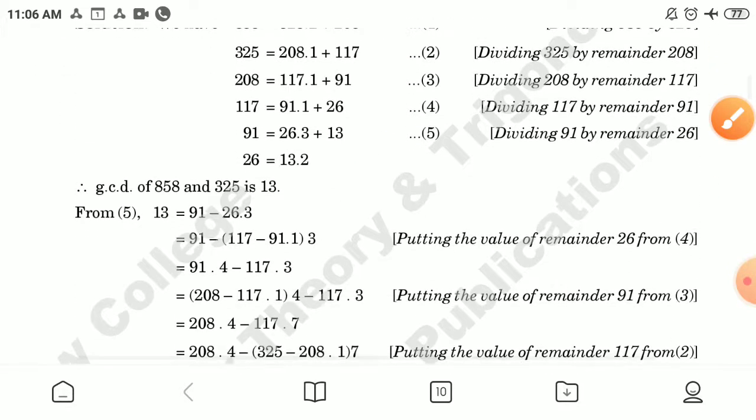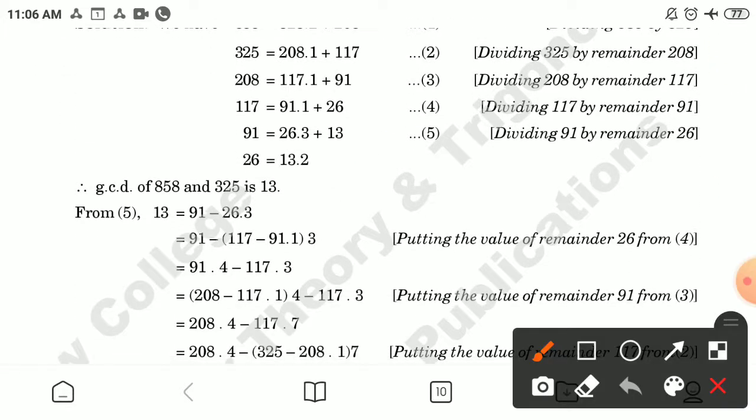That is, the greatest common divisor of 858 and 325 is 13. Now from fifth, 13 can be written as 91 minus 26 into 3. Now putting the value of remainder 26 from fourth, we have 91 minus (117 minus 91 into 1) into 3.